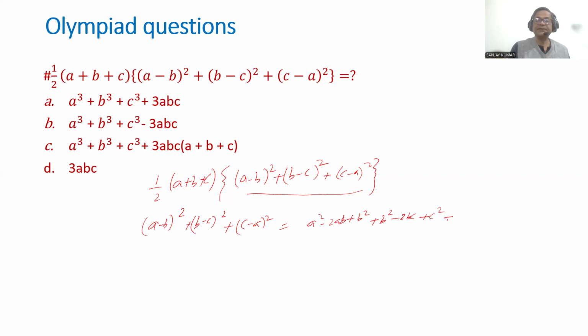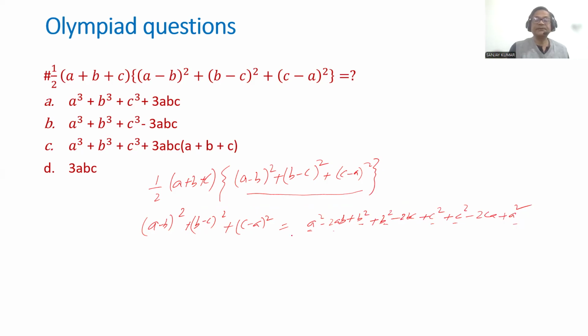Then similarly c square minus 2ca plus a square. Okay. So what you are finding here? This 2ab, 2bc and 2ca. And this a square is what? 2 times. b square also 2 times. And c square also 2 times.